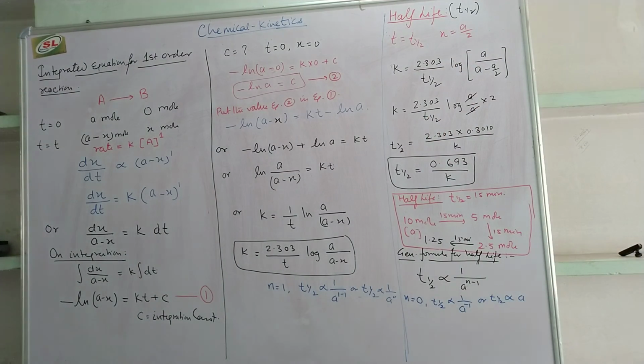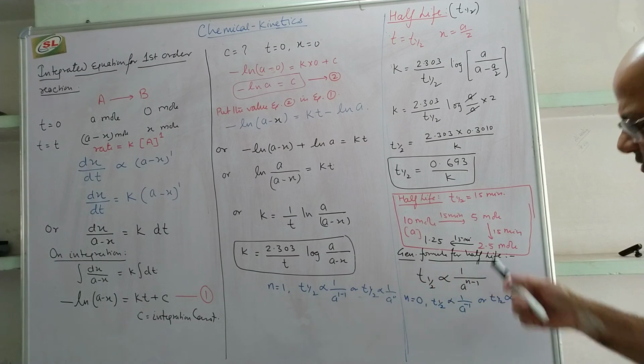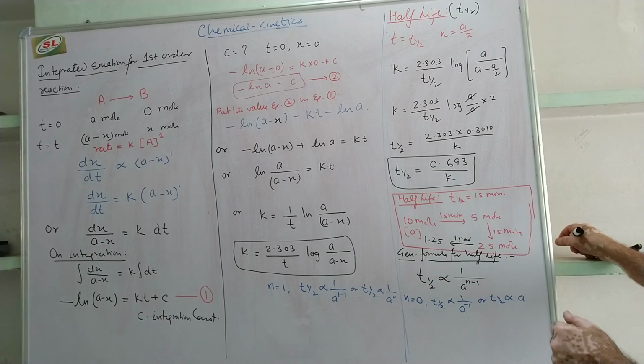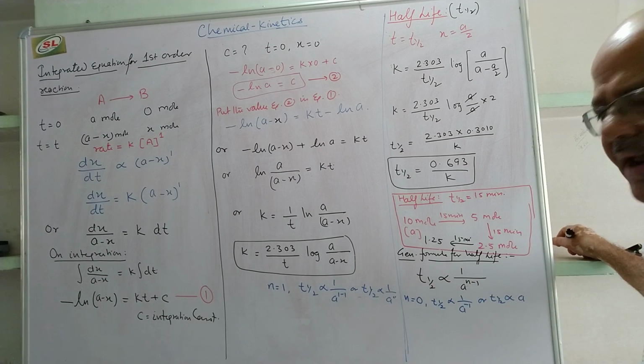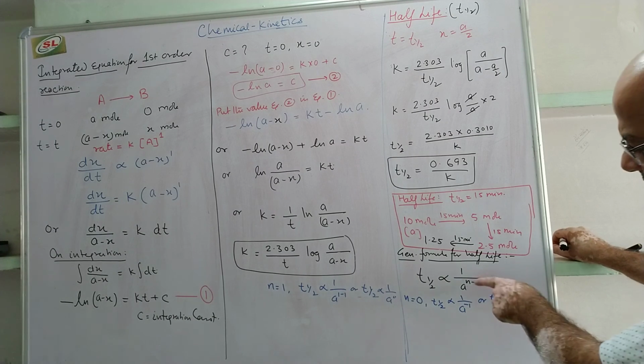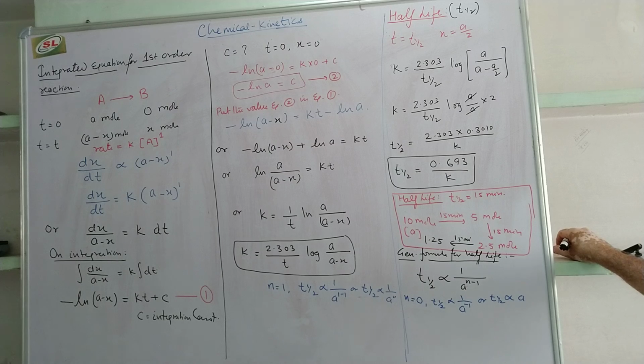To find the half-life of any reaction, we have a general formula. t half is directly proportional to 1 upon a to the power n minus 1, where n is the order.